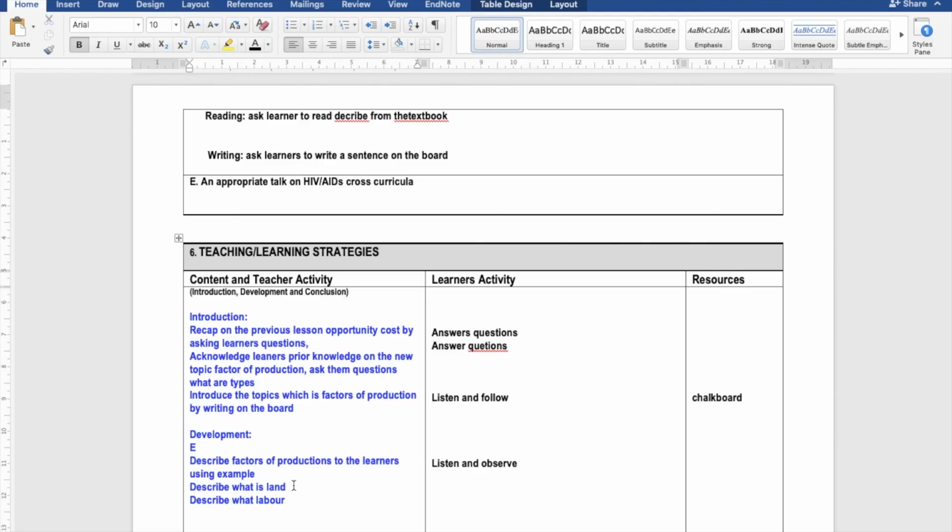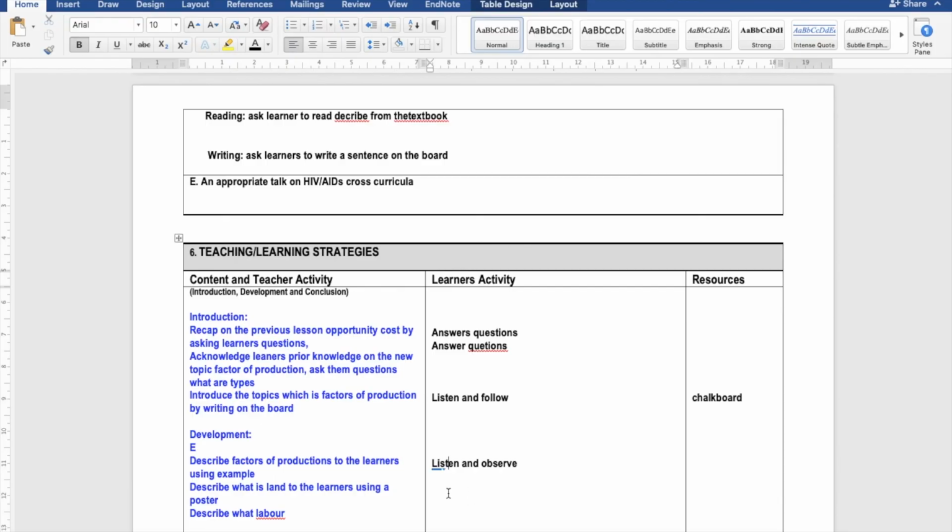So now, when you say describe what is land to the learners, what are you using? There is probably a picture, using a picture, using a poster, if you say you are using a poster, or explaining whatever.